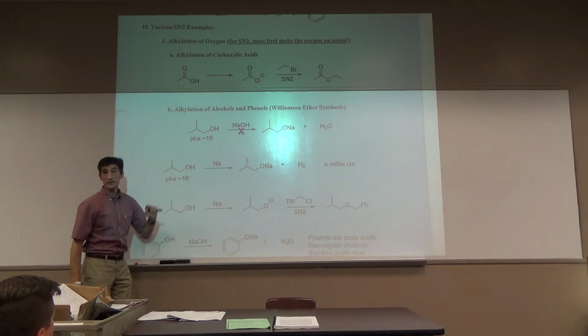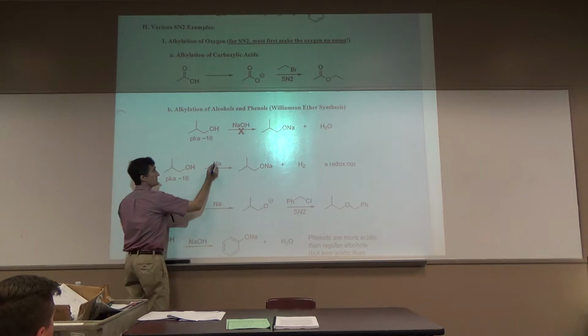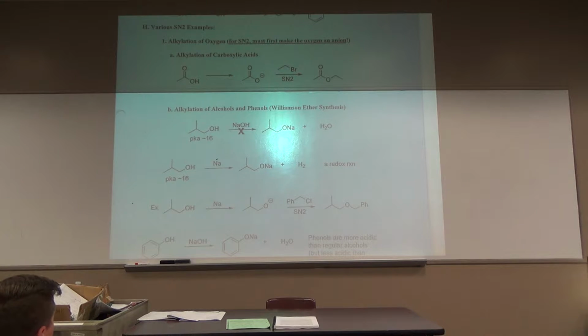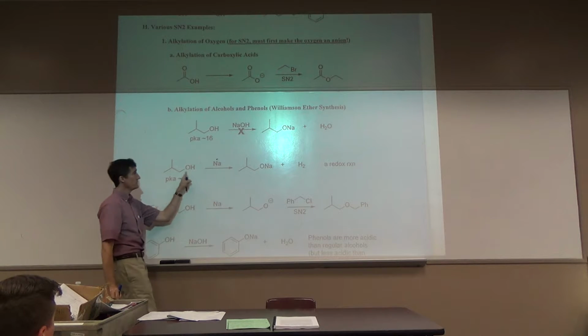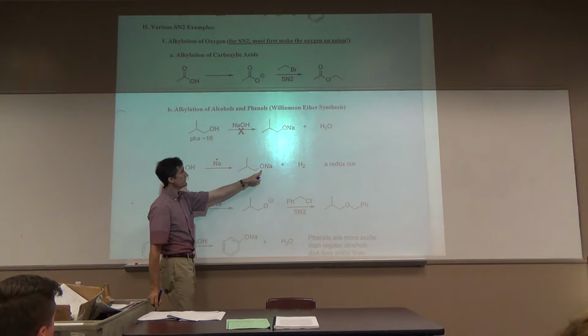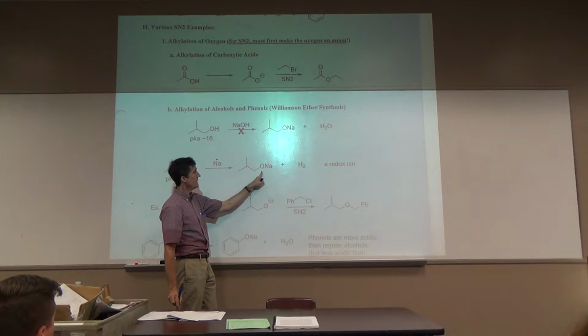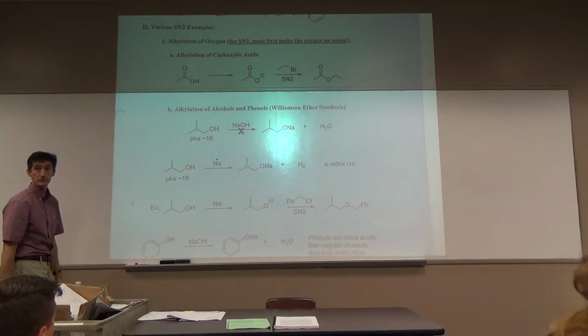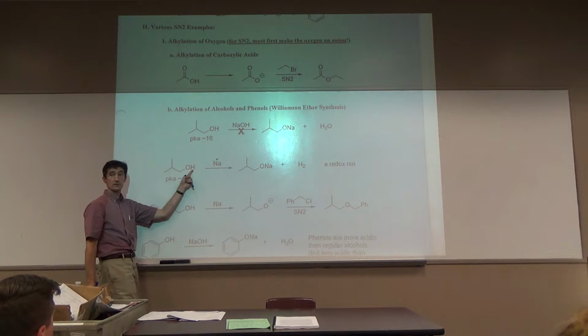For example, sodium. This is sodium metal. That's just pure sodium. To use sodium metal, you can make this guy, but you also create hydrogen gas, H2. That's the fate of the H here.